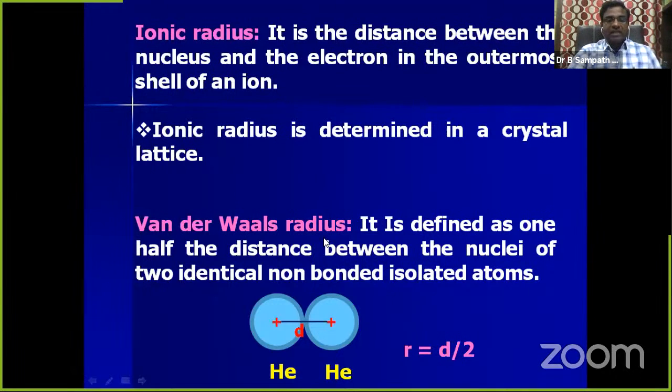Next, van der Waals radius. So let us see the van der Waals radius. It is defined as one half the distance between the nuclei of two identical non-bonded isolated atoms. See, children, van der Waals attractions or van der Waals bond exists between inert gas atoms.